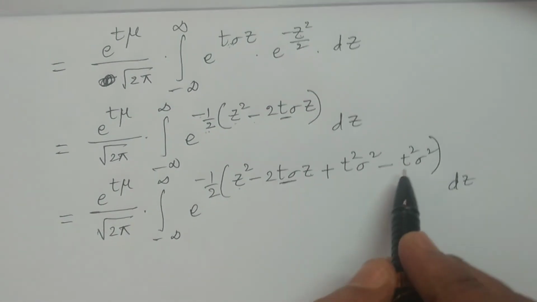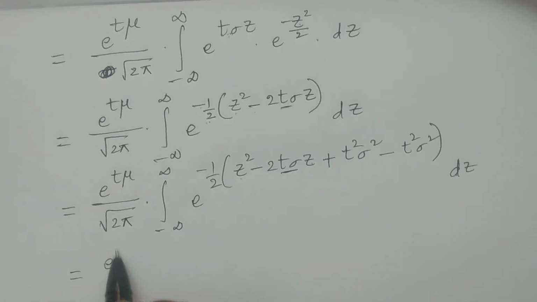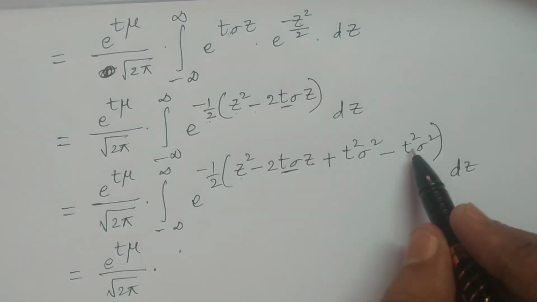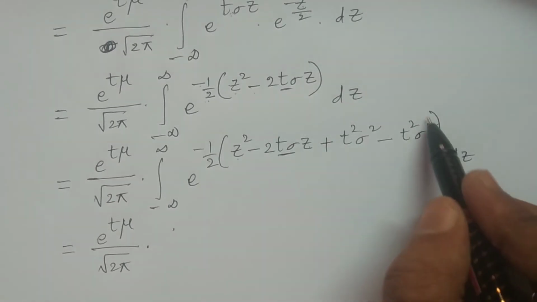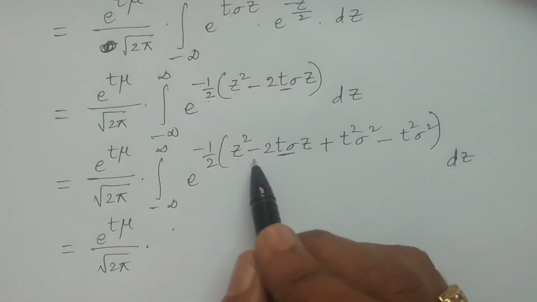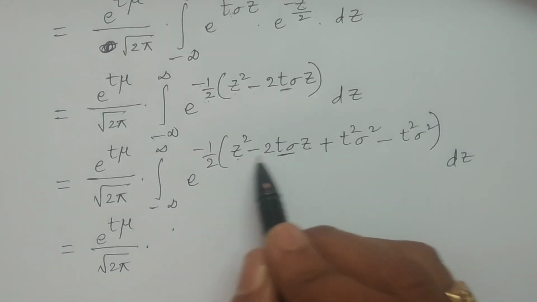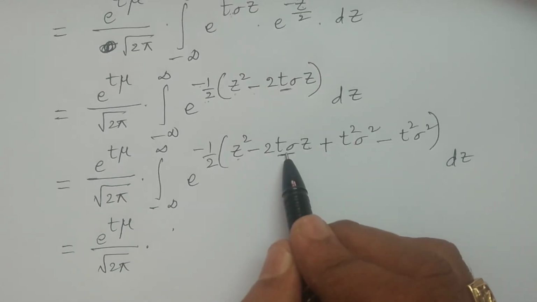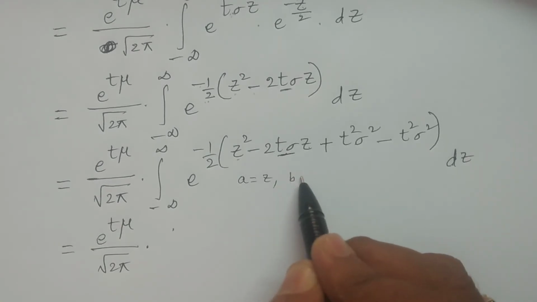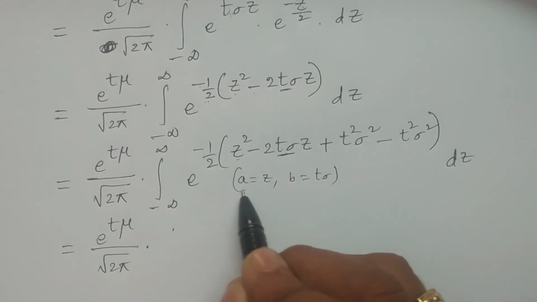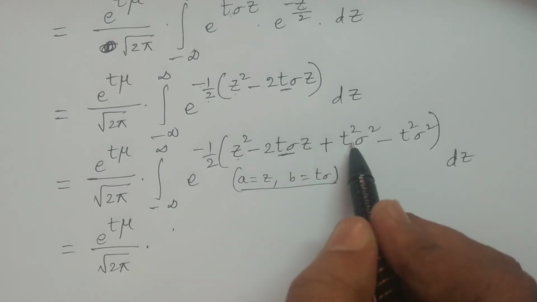And now what we do is e power t mu divided by root 2 pi into... here we take this particular constant outside, that is e power minus t square sigma square is not required here. In this format a square plus b square minus 2ab, if we consider a is equal to z and b is equal to t sigma, then this is nothing but a minus b whole square.